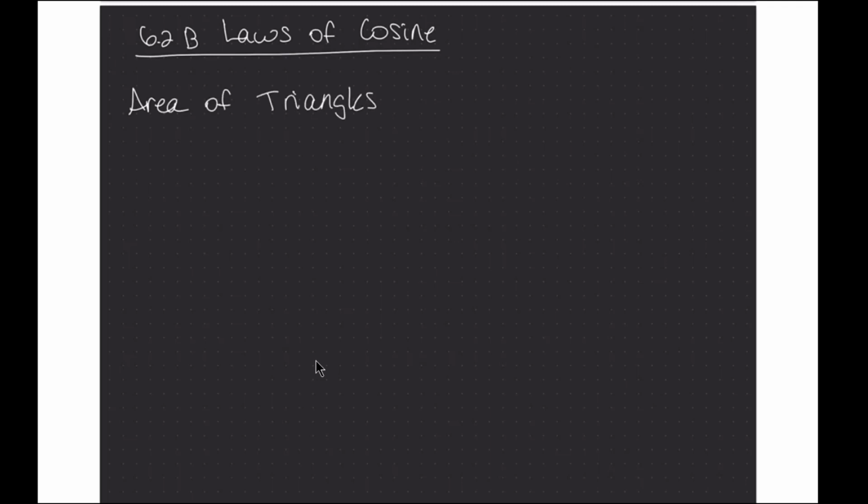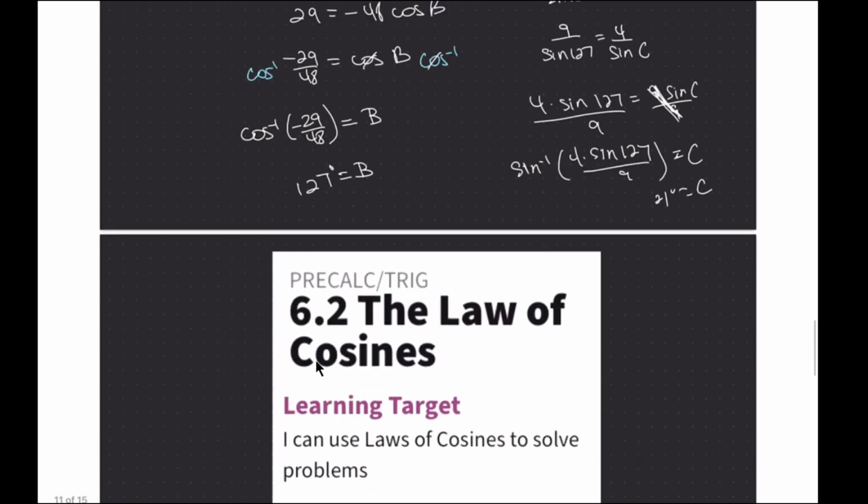So far, when it comes to area of triangles, we know the area equals 1/2 base times height. We figured that one out. And then we learned another one when it came to cosines. You guys remember that formula to find the area of triangles?